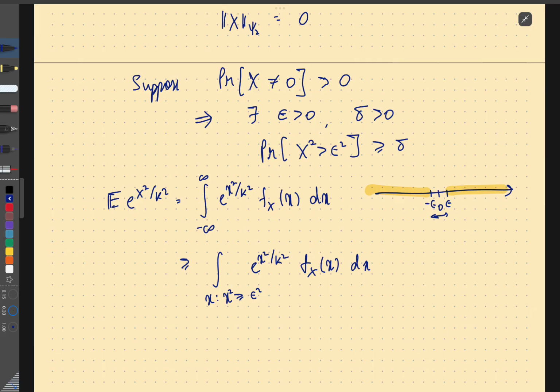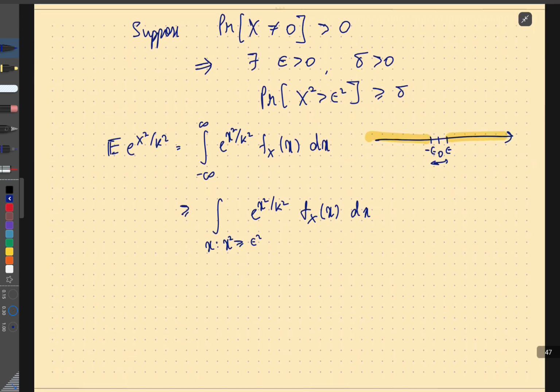The integrand is non-negative, so if I integrate over a smaller region, then the integral can't be any smaller, it can only be larger.